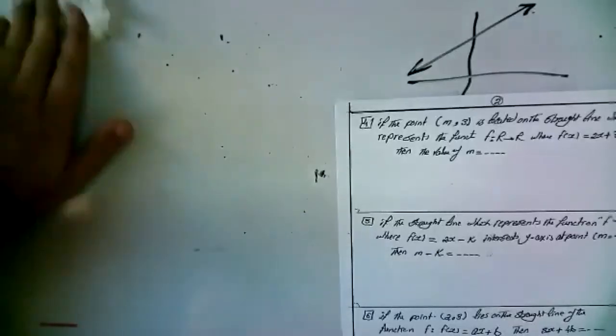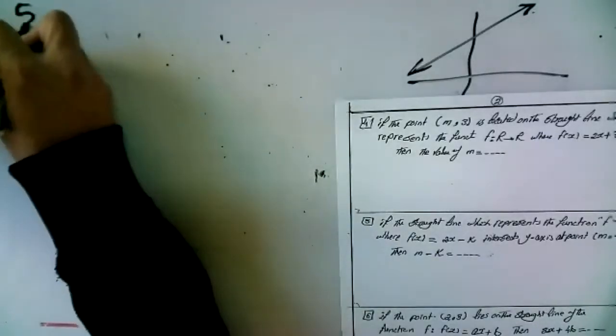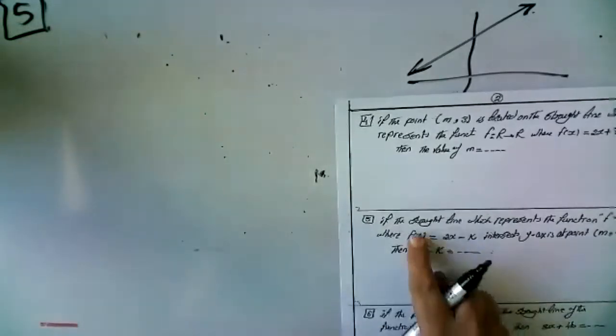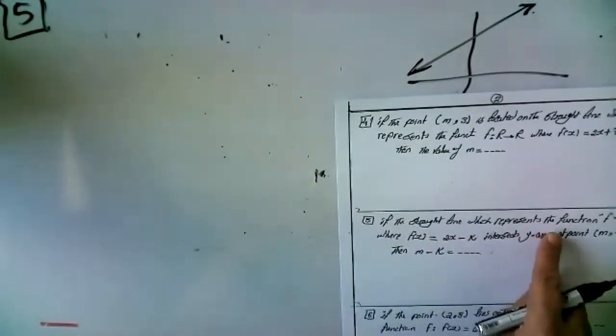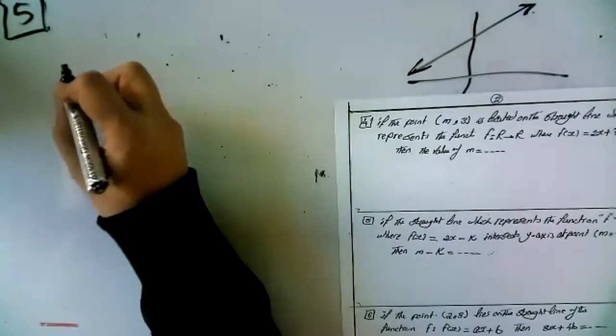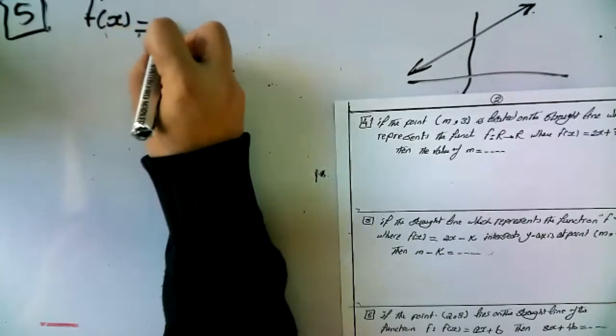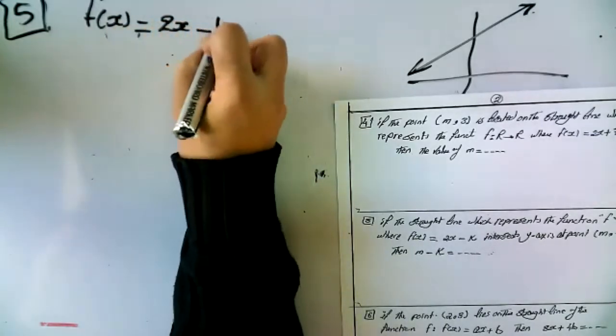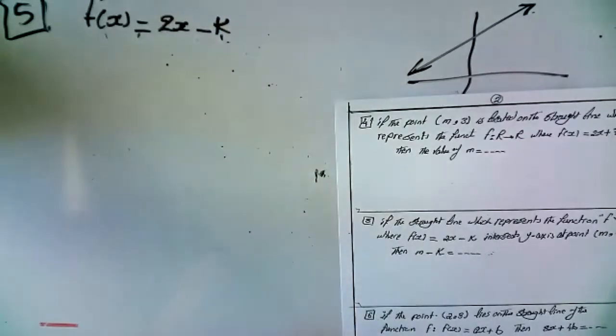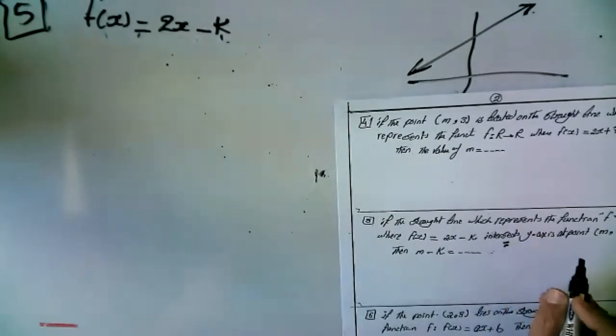The 5th question, question number 5, is tricky. If the straight line which represents the function f of x equals x minus k intersects the y-axis at the point (m, 4).